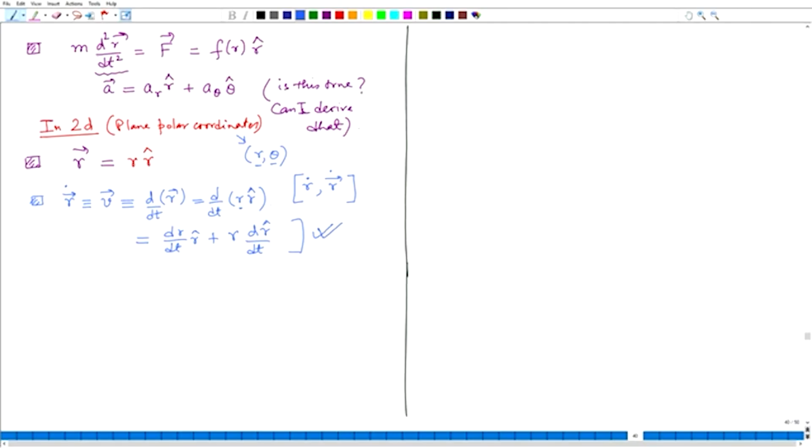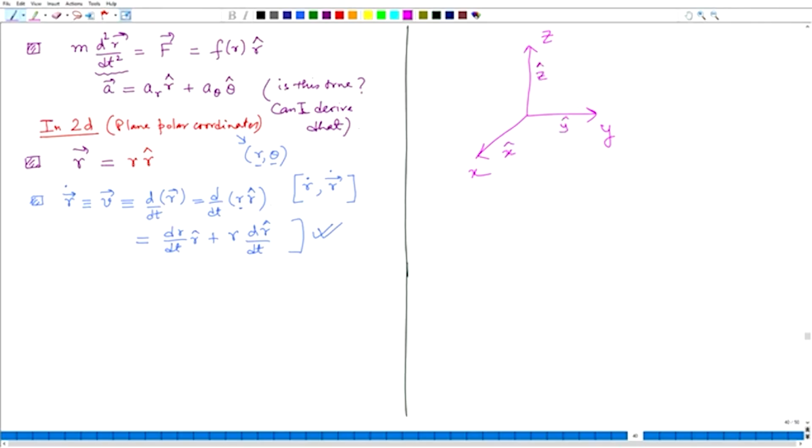Here you see this is a mammoth difference between plane polar coordinates and the Cartesian coordinate system. That is why I keep this part of the screen blank, so that I can discuss the difference between these two coordinate systems. In Cartesian systems you have three directions, let us say x, y and z, a right handed Cartesian system, and the three directions are represented by x cap, y cap and z cap.